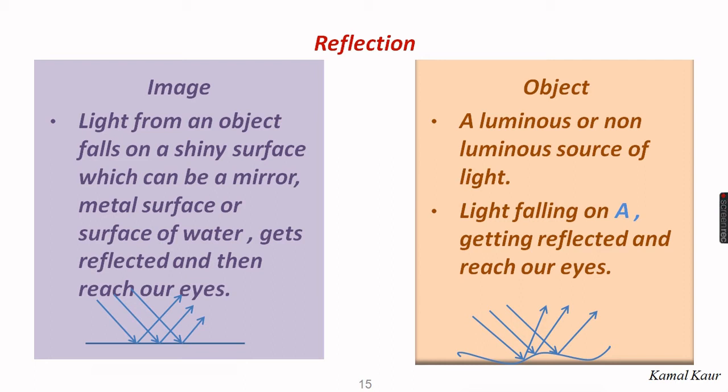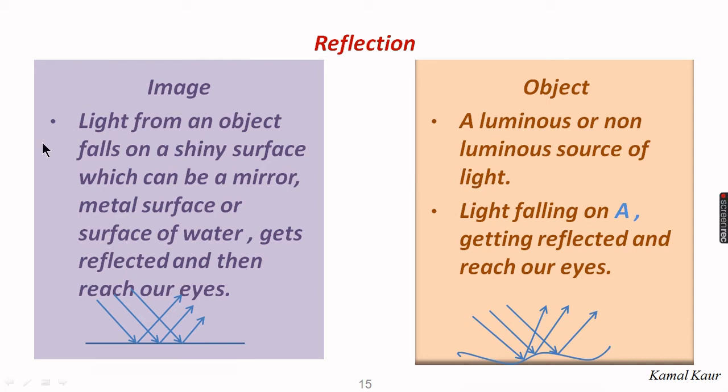The reason is all the light falling on the black holes goes inside and nothing is reflected, so they are not visible to us. One more example we can take is that of Harry Potter's gown. When he put on that gown, he became invisible. So scientists are also trying to make a cloth or a dress which does not reflect light. If they succeed, we can also become invisible one day.